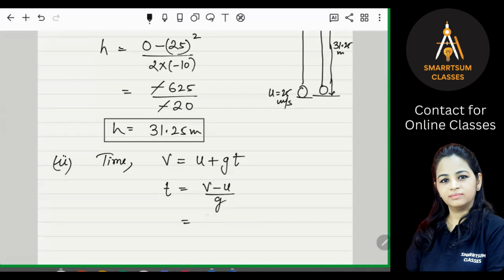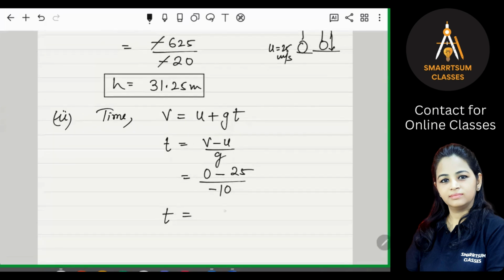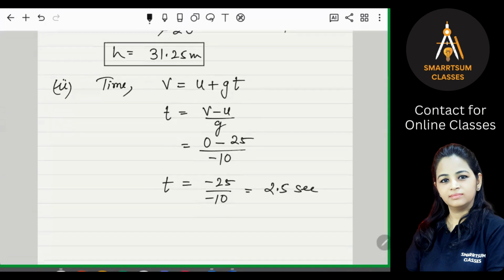Final velocity is 0, initial velocity 25, upon g, which is minus 10, not 10. Now time will be equal to 25 by 10. Minus minus will cancel, and this will be equal to 2.5 seconds. So the time taken by it to reach the maximum height is 2.5 seconds.